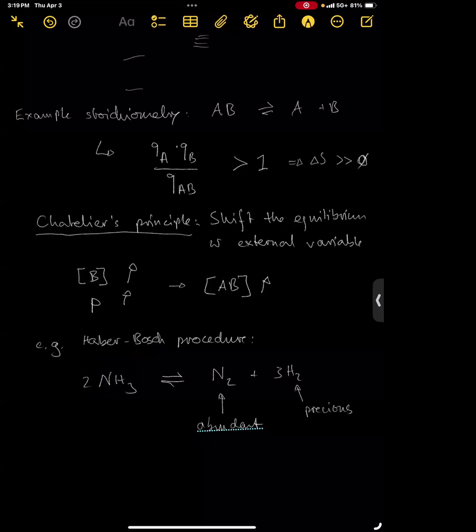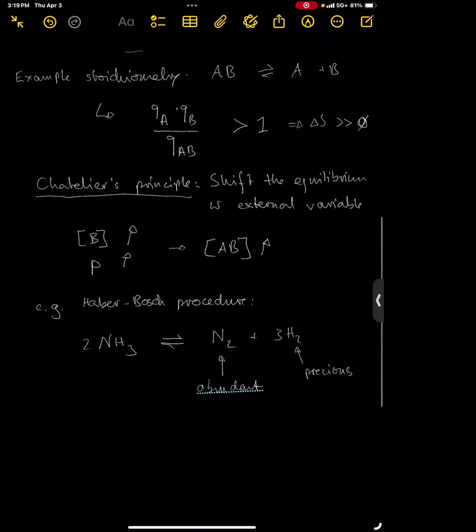Right? So the thing to do is to simply increase the N2 concentration, which is akin to increasing the pressure of the Earth's atmosphere, or the air in which you operate this. Right?